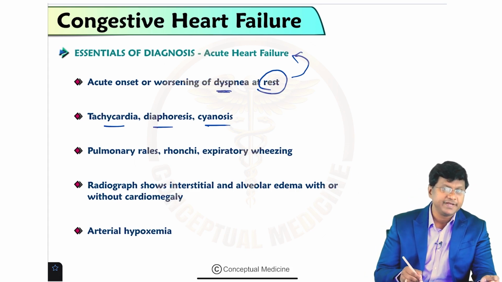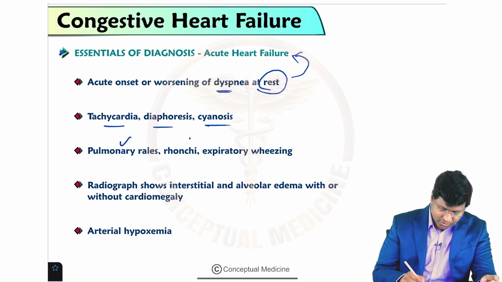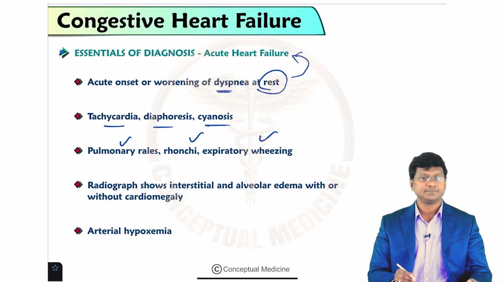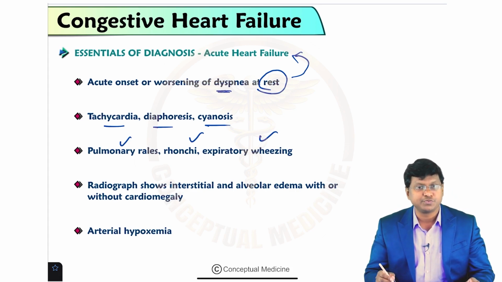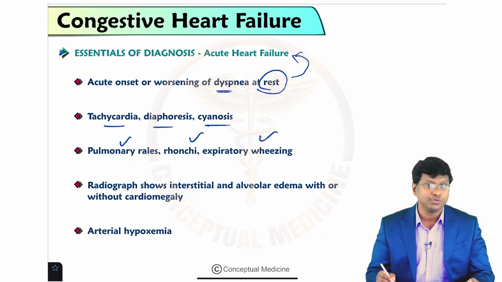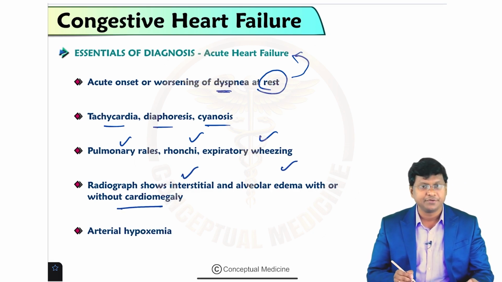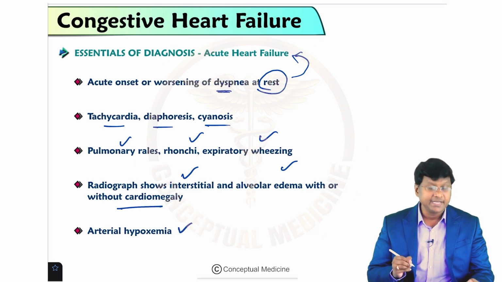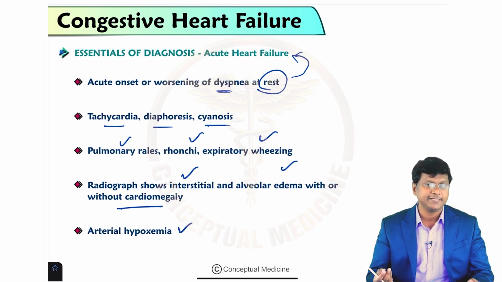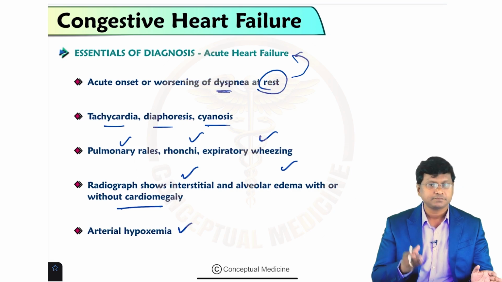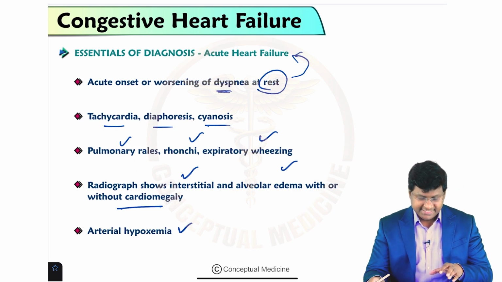And because of pulmonary edema, they have pulmonary rales, rhonchi and expiratory wheezes. The radiograph of these patients with acute heart failure shows interstitial and alveolar edema with or without cardiomegaly. And there will be arterial hypoxemia because of the pulmonary edema. So these are the important points related to acute heart failure.